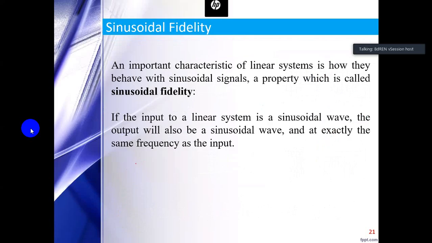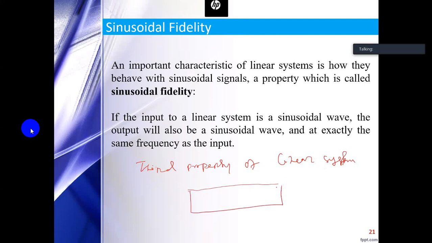The third desired property of a linear system. If a system is linear, it should have the additivity property, the first property.